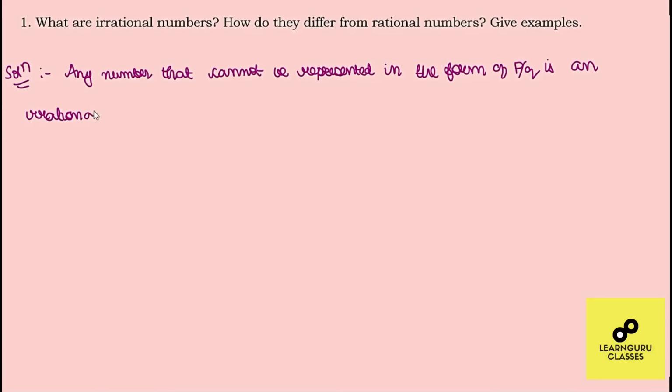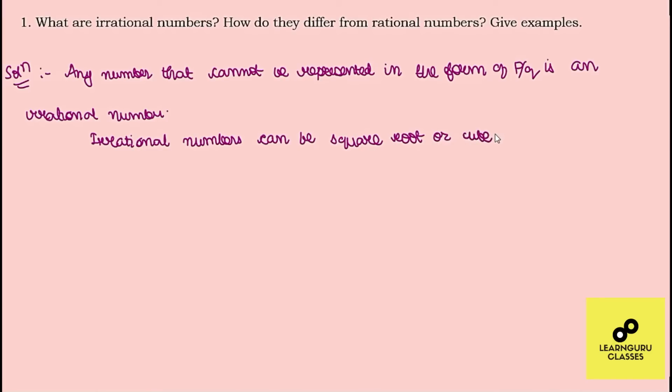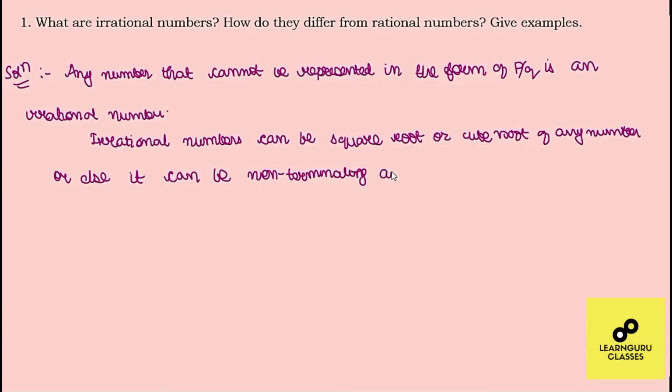Irrational numbers can be the square root or cube root of any number, or else it can be a non-terminating and non-repeating decimal expansion.